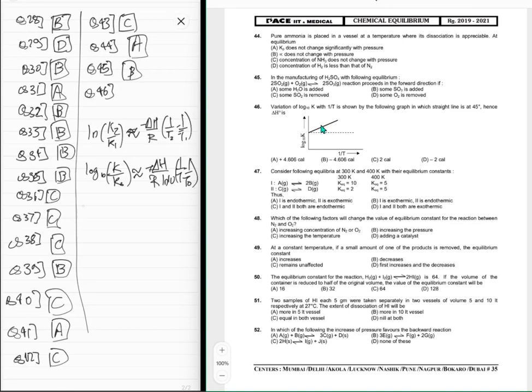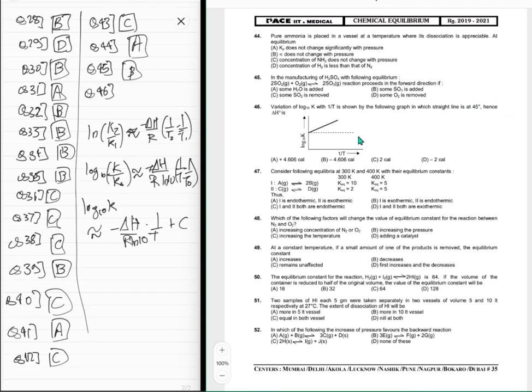So you can say that log base 10 of K is negative delta H upon R natural log 10 into 1 upon T plus some other constant that we don't care about. So it's going to be linear, and it's a straight line at 45 degrees.